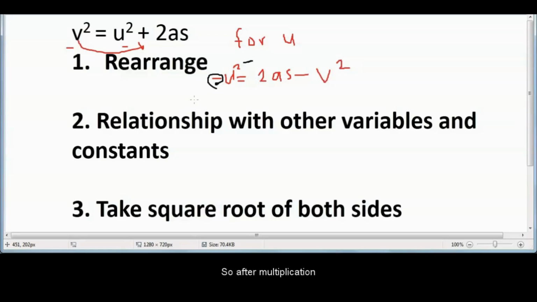So after multiplication, we're going to have u square is equals to minus 2as plus v square.